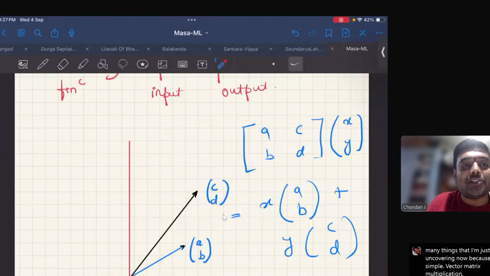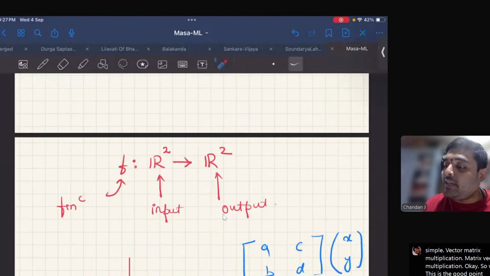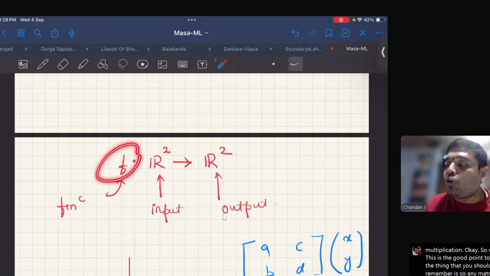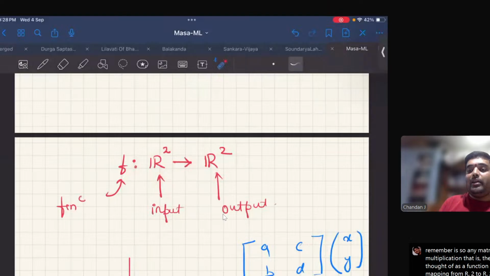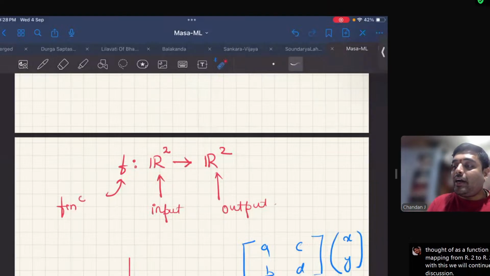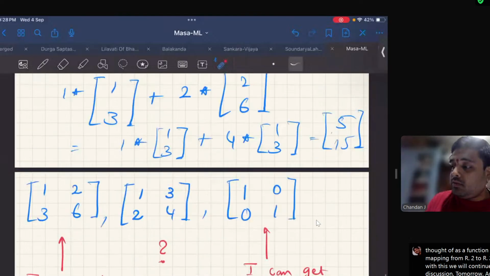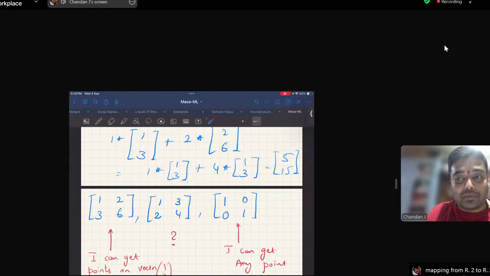This is a good point to stop. The thing you should remember is that any matrix vector multiplication can be thought of as a function mapping from R2 to R2. With this, we will continue our discussion tomorrow and try to unravel the mysteries of these things.